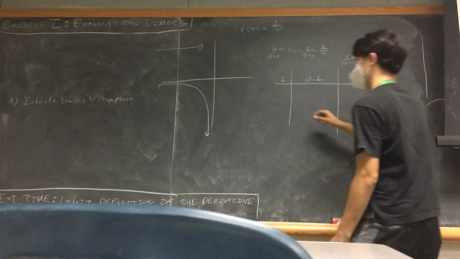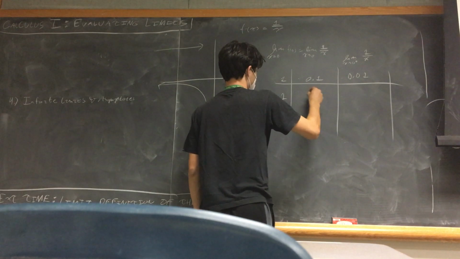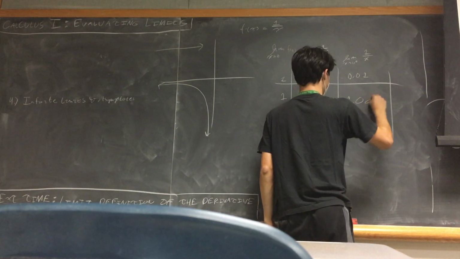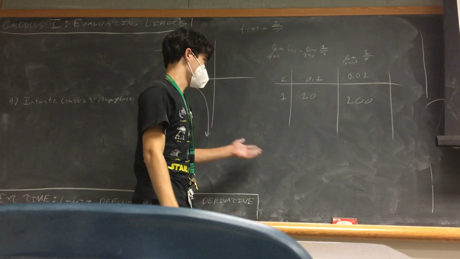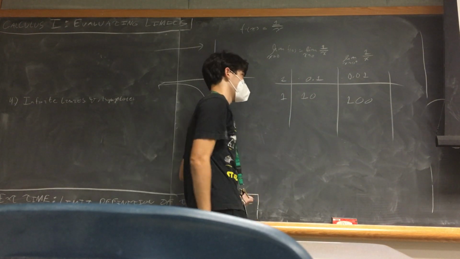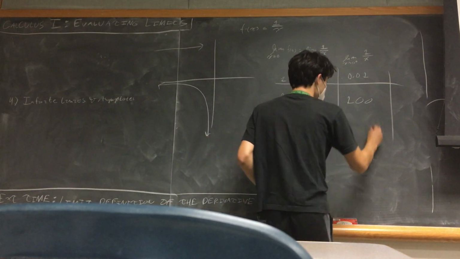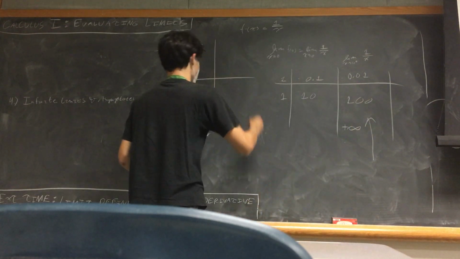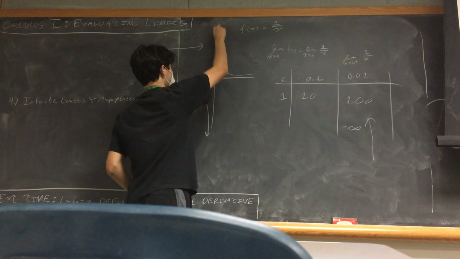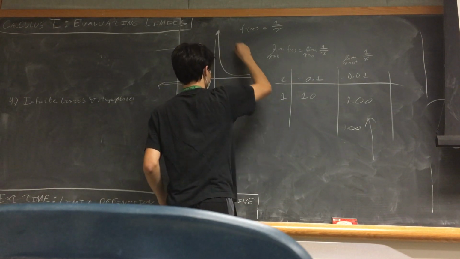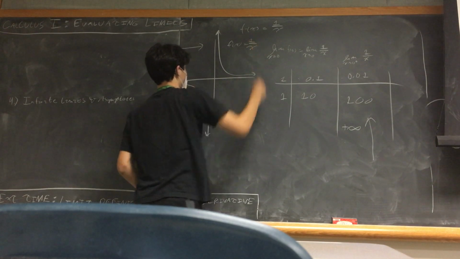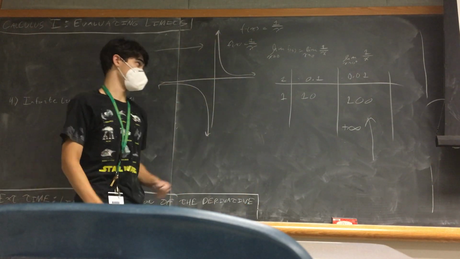So 1 over 1 is 1. 1 over 0.1 is 10. 1 over 0.01 is 100. This, on the contrary, from the right, seems to be increasing without bound. When you look at the graph of f of x equals 1 over x, that's what it's doing.